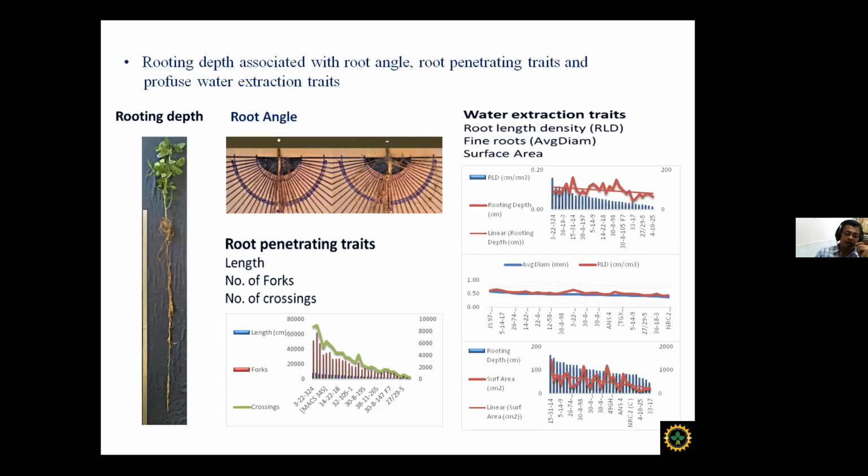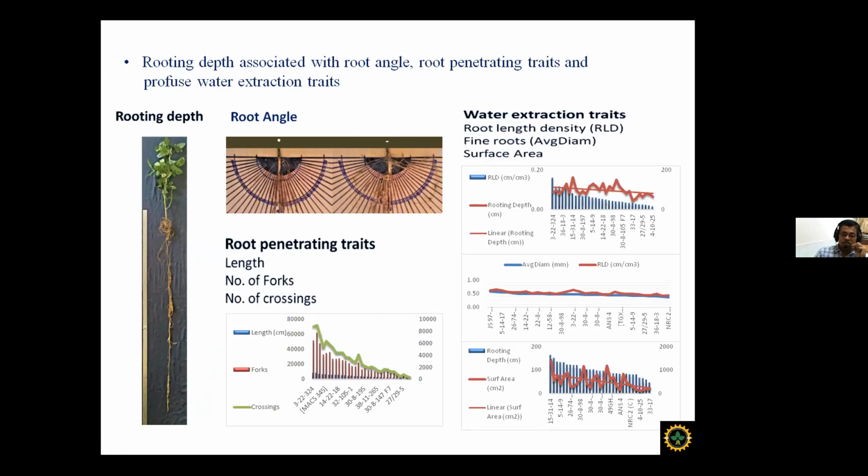And then there are water extraction traits, and these water extraction traits are actually important at the lower side of the root, and also in the upper soil surface, where in fact it is all over the root. If these water extraction traits are found good, they can be considered.